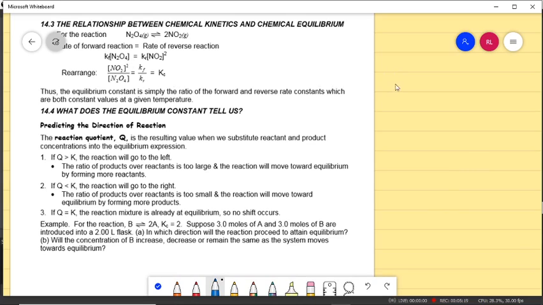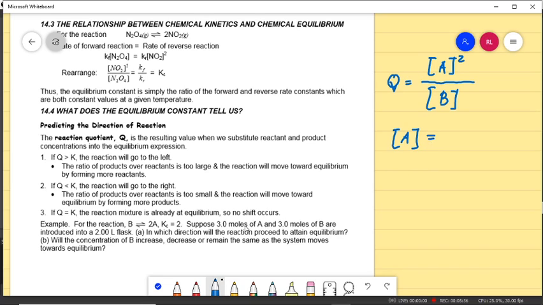For this, the expression is Q equals the concentration of A raised to the power of 2 over the concentration of B. So what is the concentration of species A?